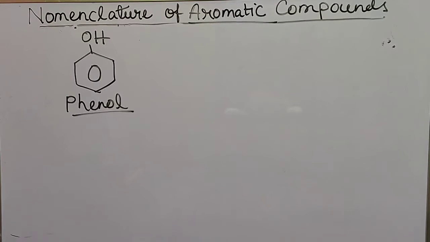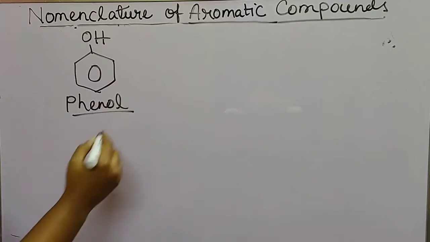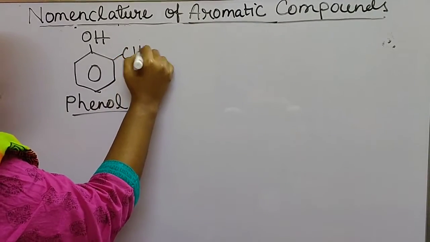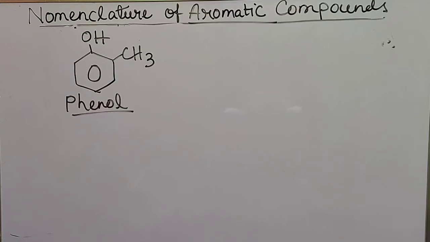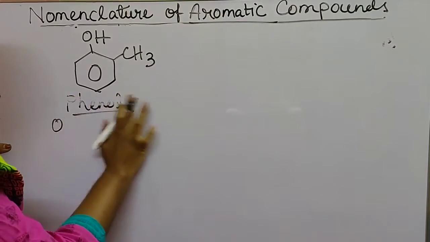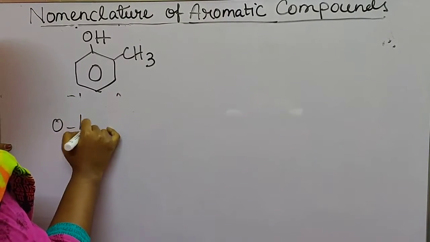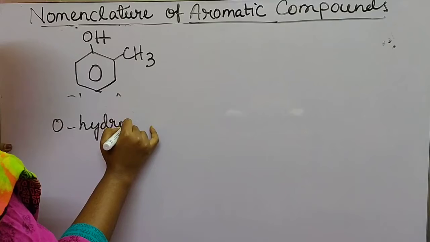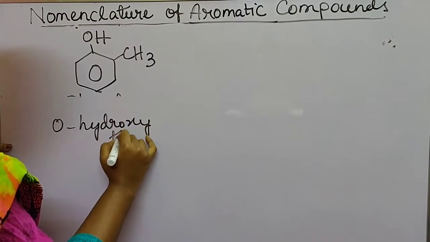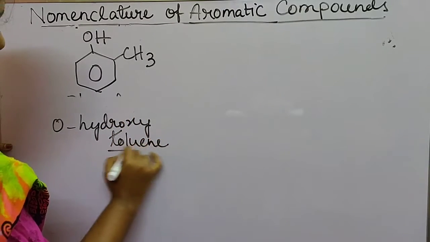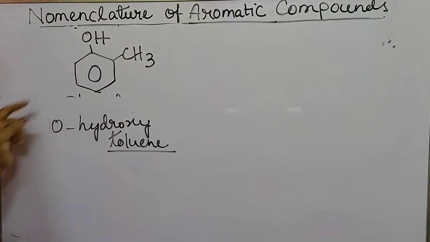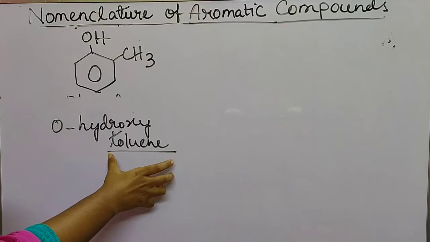Okay. Next, if along with the OH one CH3 group is present here, then the name will be orthohydroxytoluene. Okay, this CH3 you have to write along with it, and CH3 with the benzene is known as toluene.